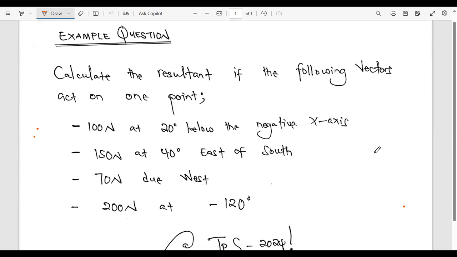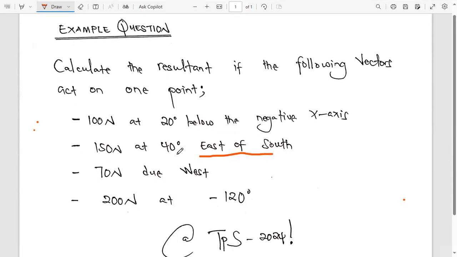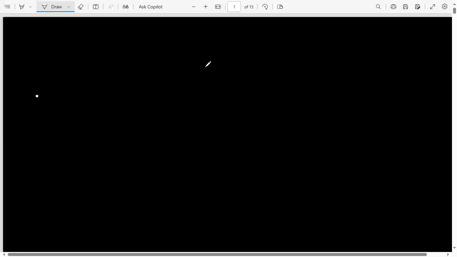If they say 40 degrees east of south, what do they mean? Or they say a 200 Newton at minus 120 degrees, what do they mean? So we are going to know what those concepts are, and then after we know, we're going to solve this question. So let's go to my board here where I'll be explaining those concepts.